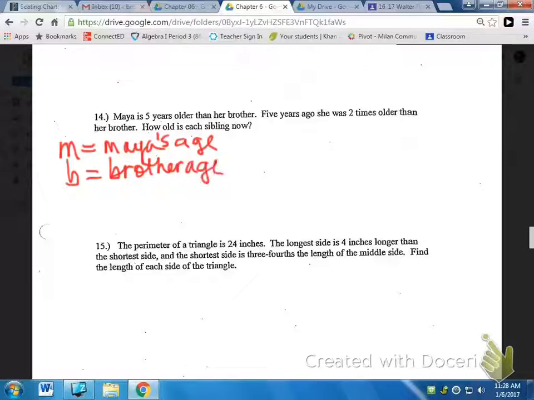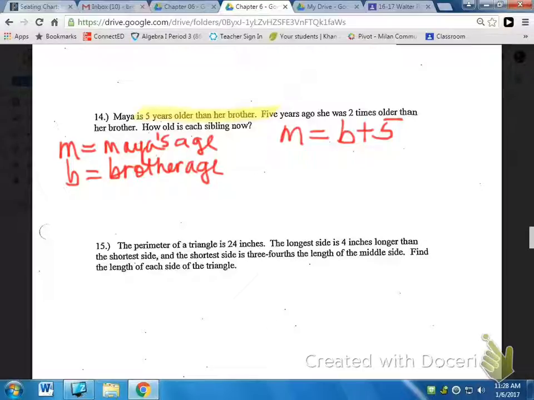And the thing is, they're talking about 2 different time frames here. If it was just now, it's not that bad. It says that she is 5 years older than her brother, so M equals B plus 5. I think that would be pretty cut and dry. Everybody would do okay with that.